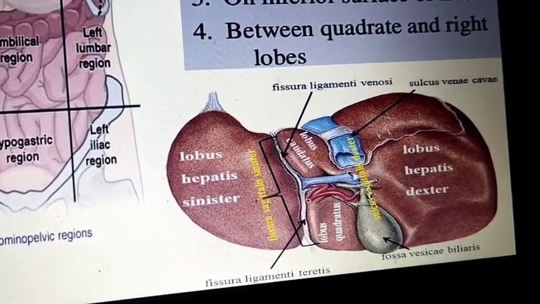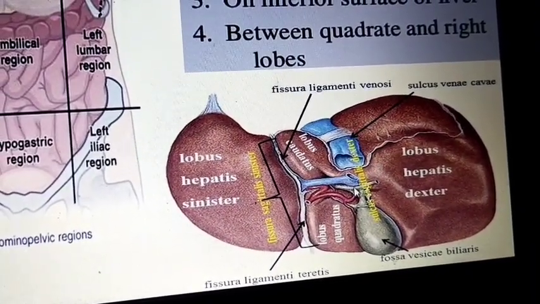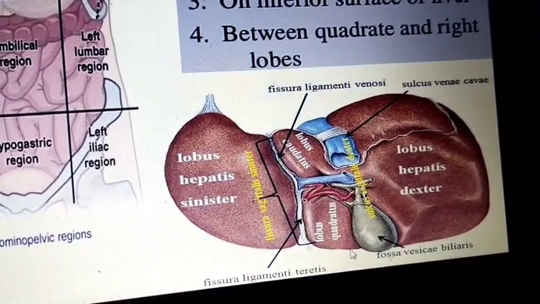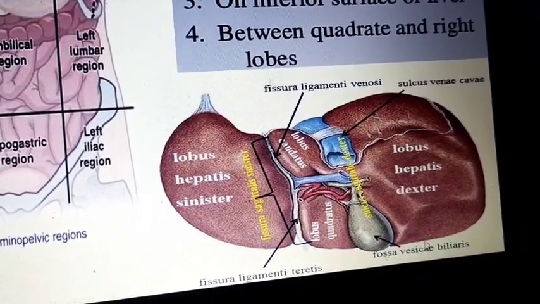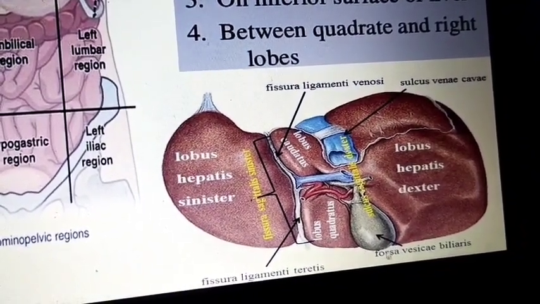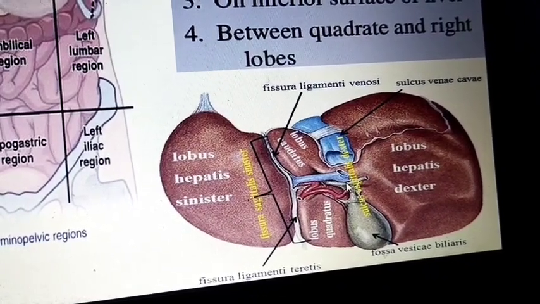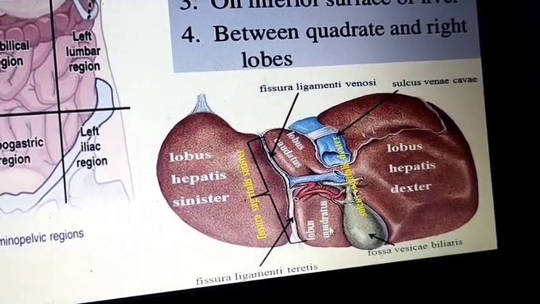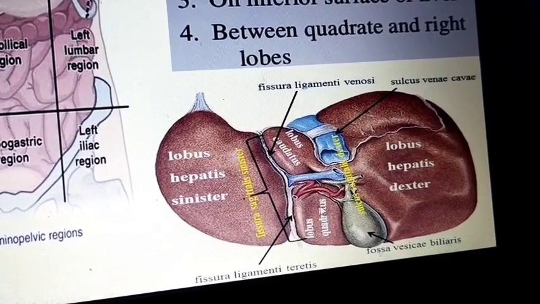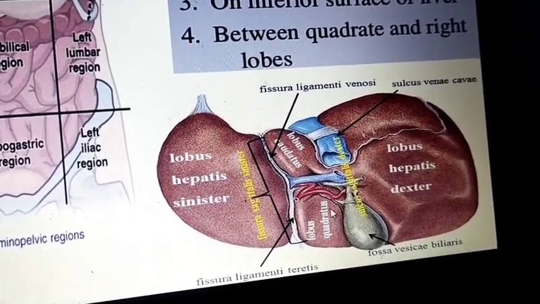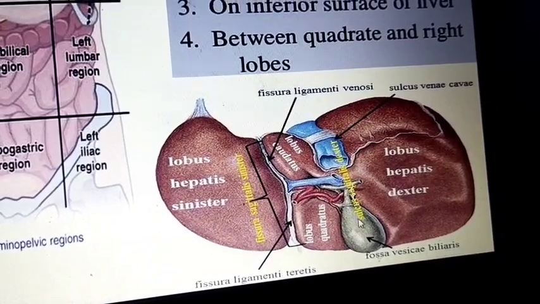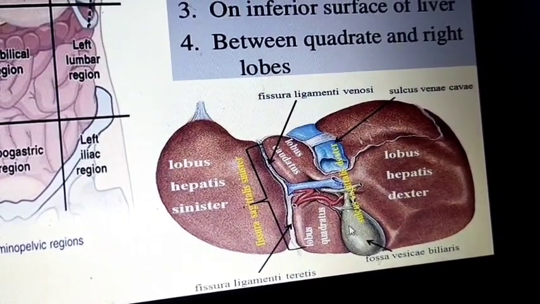Right to the right end of the porta hepatis is the inferior border of the liver. And this is the fossa for gallbladder, present right to the quadrate lobe.